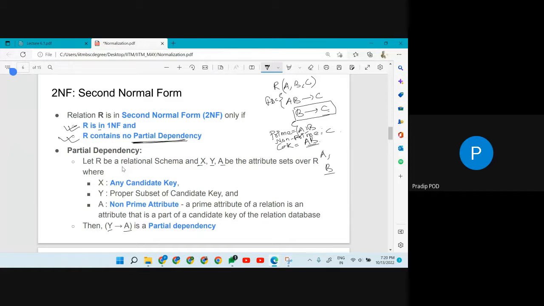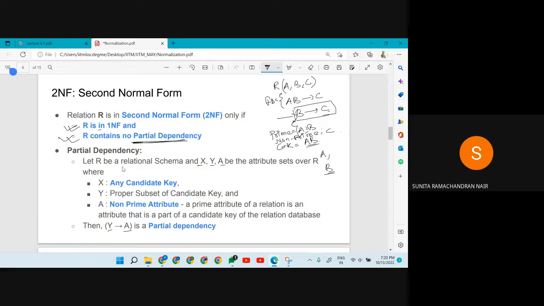So here you can see the proper subset of AB, that is B, and B derives C. So this is called the partial dependency, right? I hope it is clear to everyone what is called partial dependency.